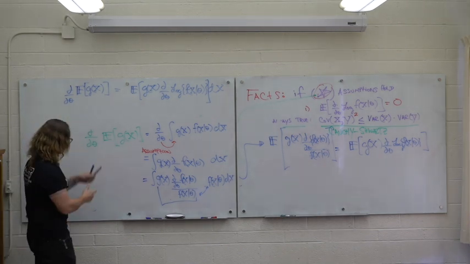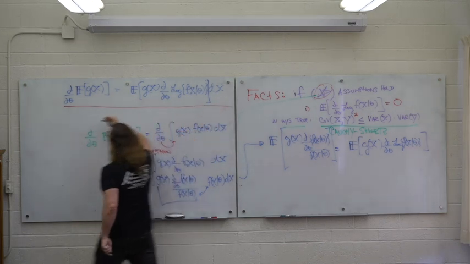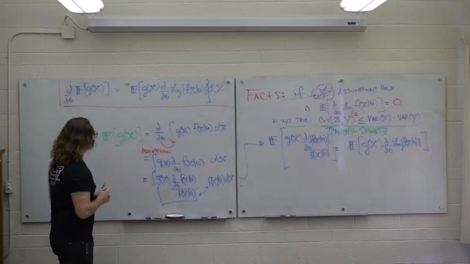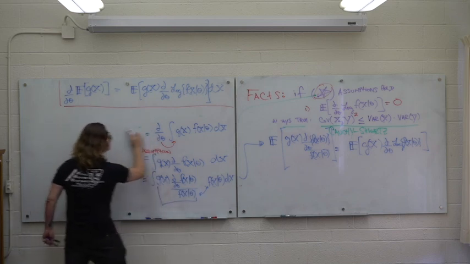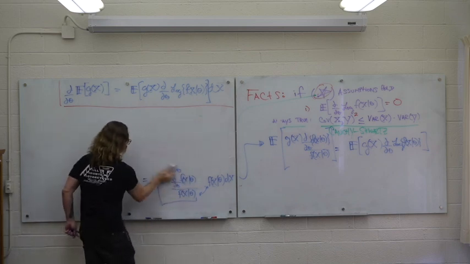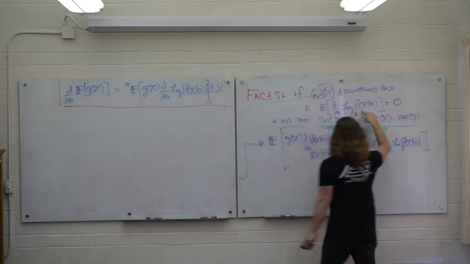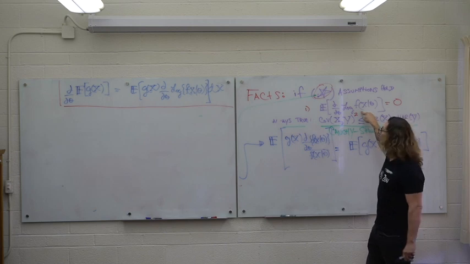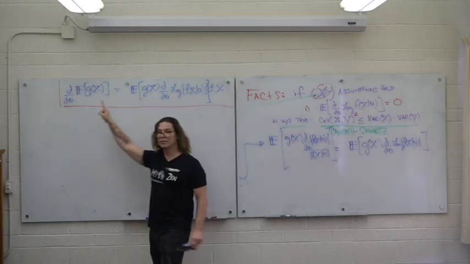Okay, so this is what we proved. We're going to save that fact. What we inadvertently just proved by doing this is that this is true. So we've proved this fact right here by proving this more general statement.